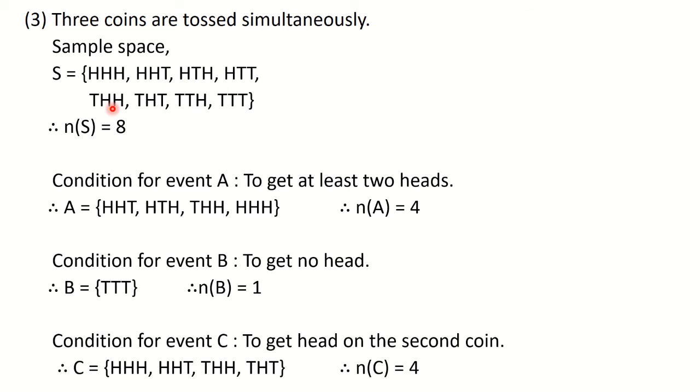Come here, THH and THT, where you have H on the second coin, the middle coin. So this way you write C as a set with 4 sample points: HHH, HHT, THH and THT, and n of C is equal to 4. Please copy it down.